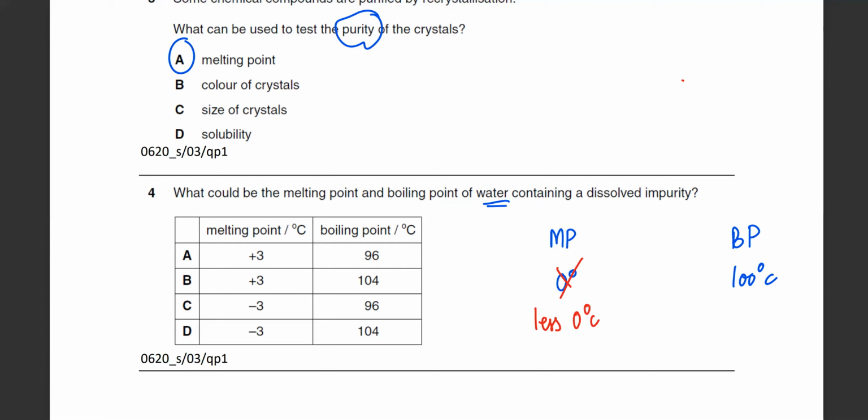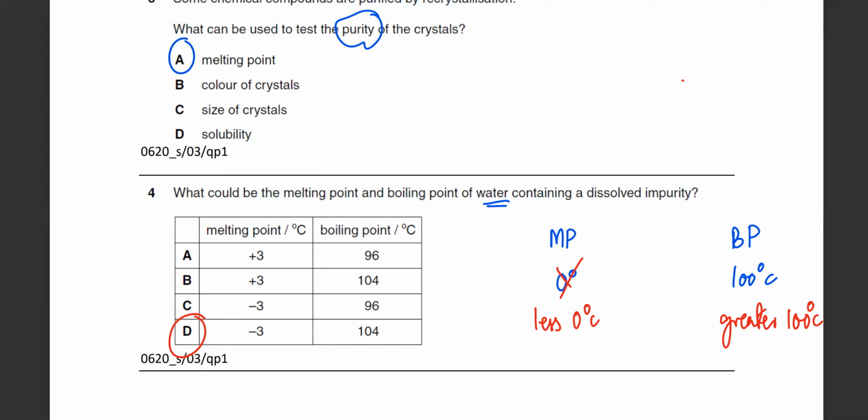Water starts to melt easily, and the boiling point becomes greater than 100. So it might be 101, it might be 102. The melting point might be lesser than zero, would be -1, -2. So the only option that actually fits this one is D, I think.